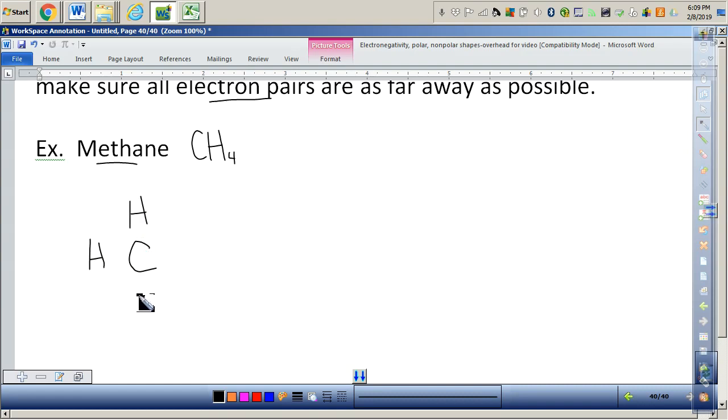Okay, carbon always goes in the middle. Hydrogen always goes around the outside. And hydrogen has 1 each. Carbon, when you look at the top of the column above it, it has a Roman numeral 4 or a 14. So it has 4 valence electrons.